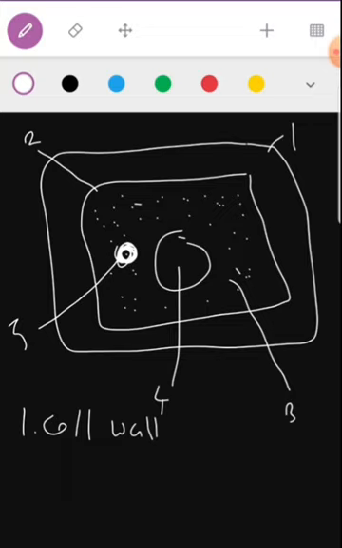One of them is that it protects the cell from physical damage, because of its rigidity. When the cell wall is exposed to pressure like turgor pressure, it prevents it from bursting, that is also from damage, in short.